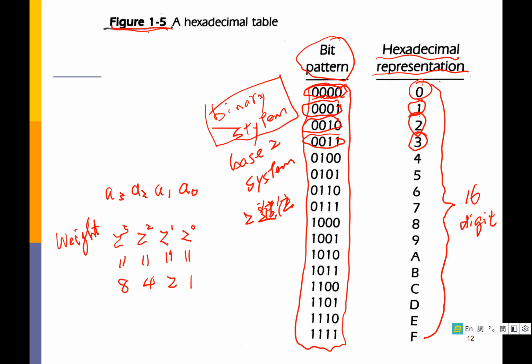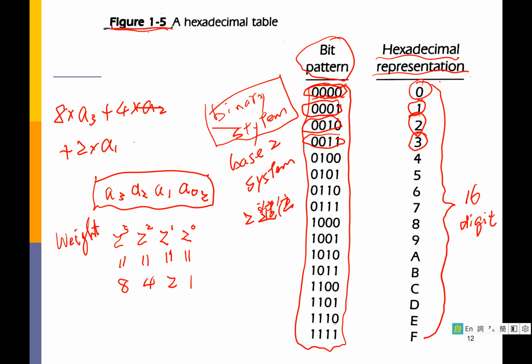Which means to get this base 2 number into a so-called decimal system, you have to do the following calculation: 8 times A3 plus 4 times A2 plus 2 times A1 plus 1 times A0.